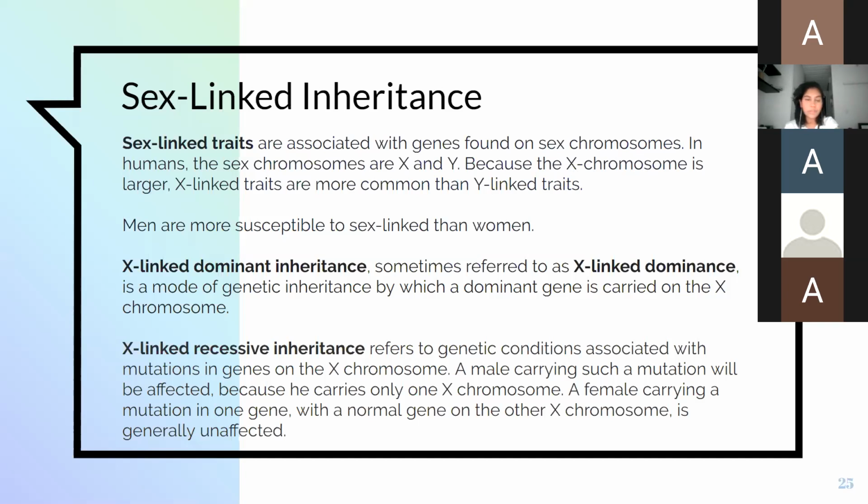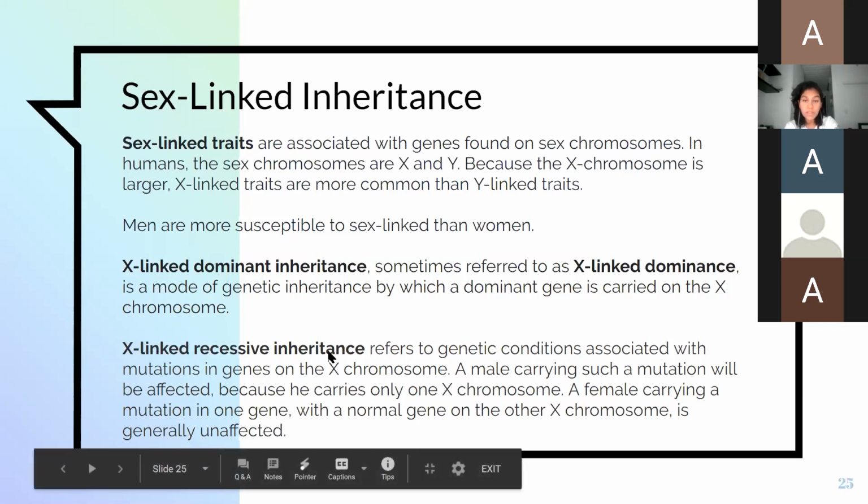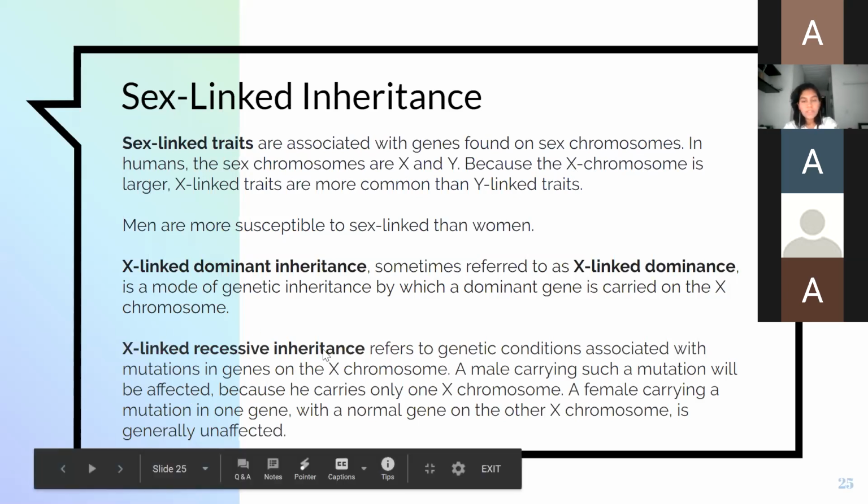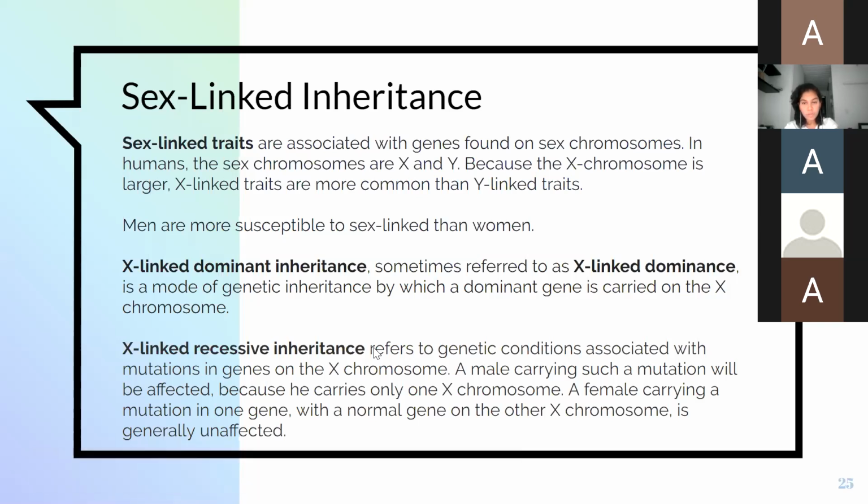Then, like with autosomal inheritance, there is dominant inheritance and recessive inheritance. X-linked dominant inheritance is a mode of genetic inheritance where a dominant gene is expressed on the X chromosome, while X-linked recessive inheritance is when a recessive gene is expressed on the X chromosome.